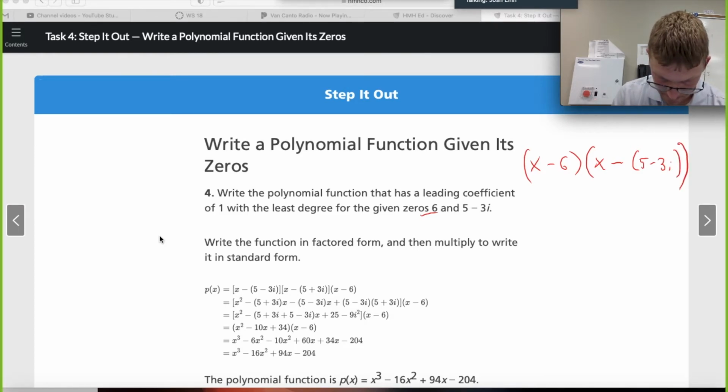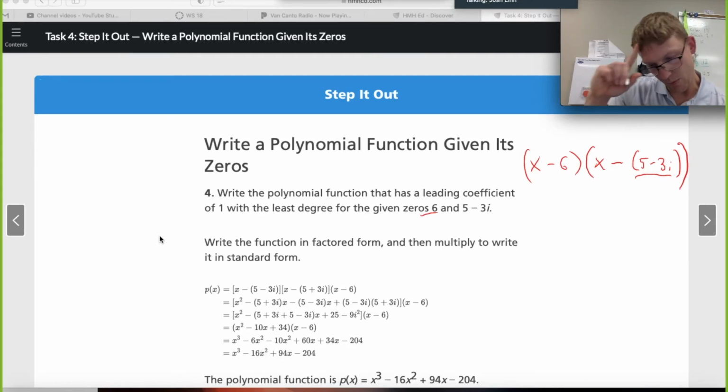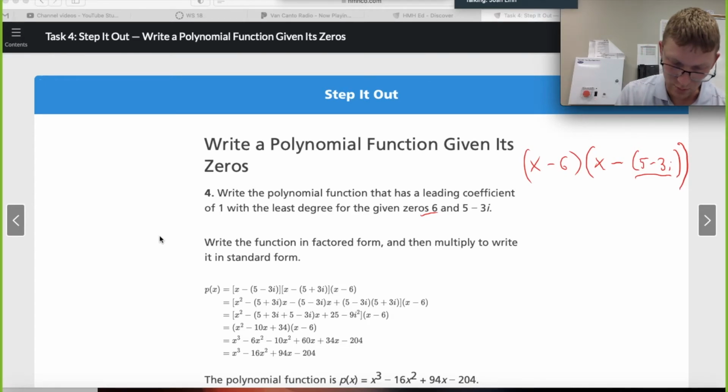So then on top of that, we have the conjugate of this. Now the difference here is that my brain says, oh, we should just do x plus 5 minus 3i. But, I mean, really, I guess it would actually turn out to be the same.